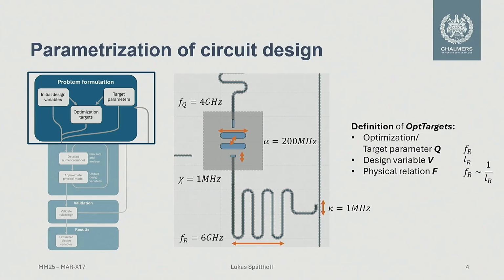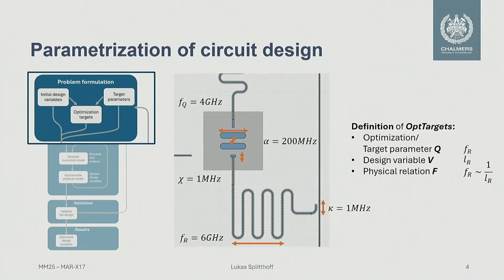Now, the important part in our optimizer, and this is something that I want to highlight here on slide 4 already, is the physical relation. That is the key component here, where we bake into the optimizer, contained in an object that we call opt target, the physical relation that basically has an approximate physical model connecting the design variable to the target parameter.